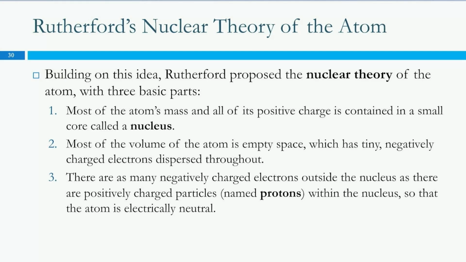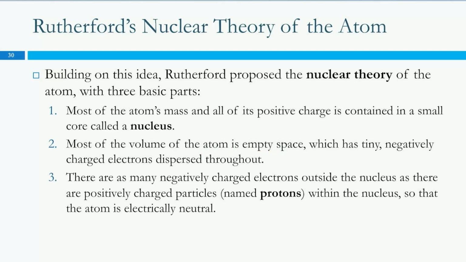Rutherford's nuclear theory was a little bit incomplete, but he got a lot of things right. The first thing he got right was that an atom's mass and all of its positive charge is contained in a small core called the nucleus. So the center of the atom has all the positive charge. He also got this right, that the volume of the atom is mostly empty space, with tiny negatively charged electrons dispersed in that space.